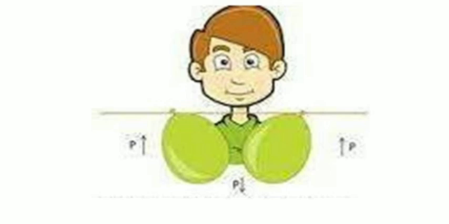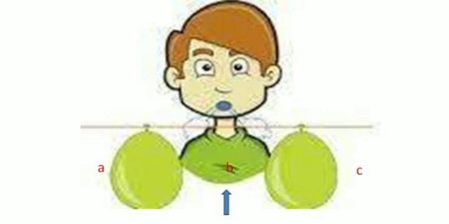Now, the question is what causes these two balloons to attract each other? That's because when we blow hard, basically the region between these two balloons, as you can see by the arrow, in this region wind speed is more.